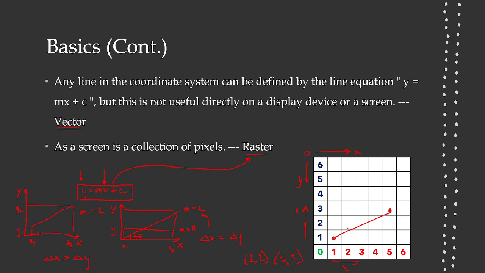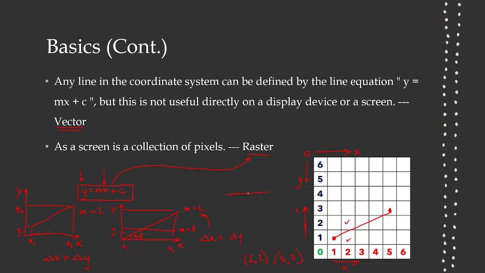This is where a problem comes into play. Your screen needs to decide whether to illuminate this pixel or this pixel. It can't illuminate 2 pixels at the same time. It would not look good.